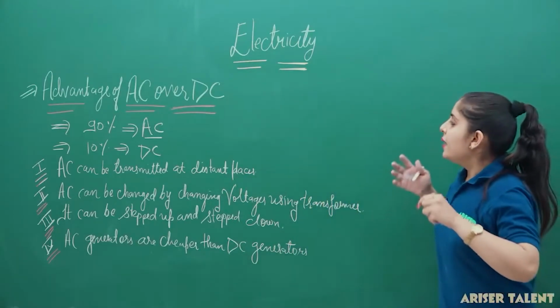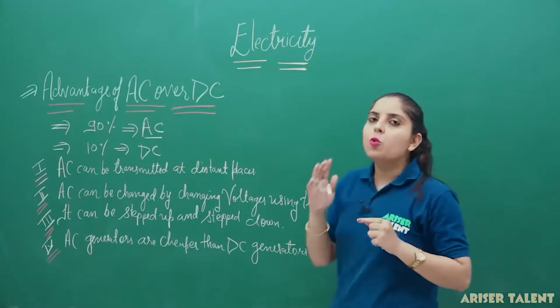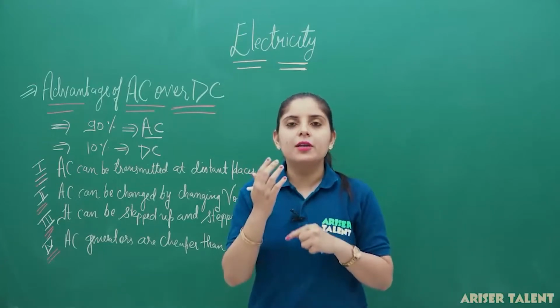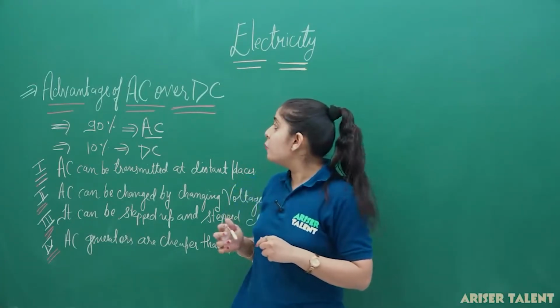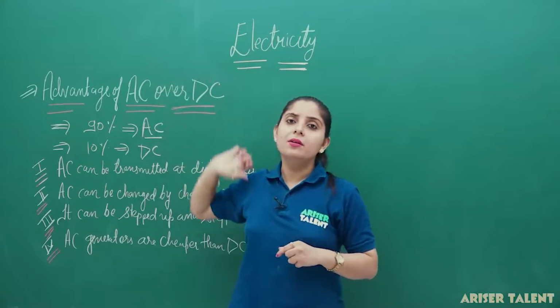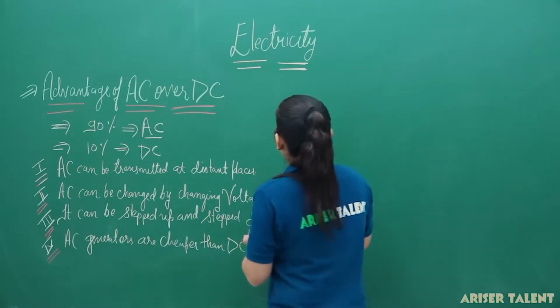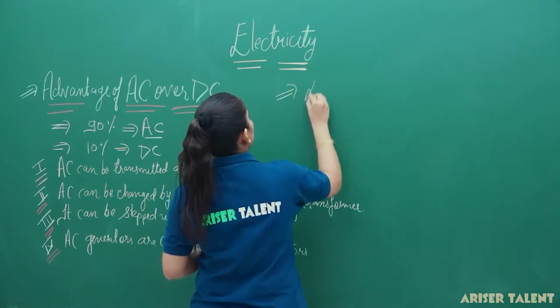Now, every component has its own advantages and disadvantages. So, there are two more disadvantages that we have to discuss of AC over DC. What are the disadvantages of AC over DC?